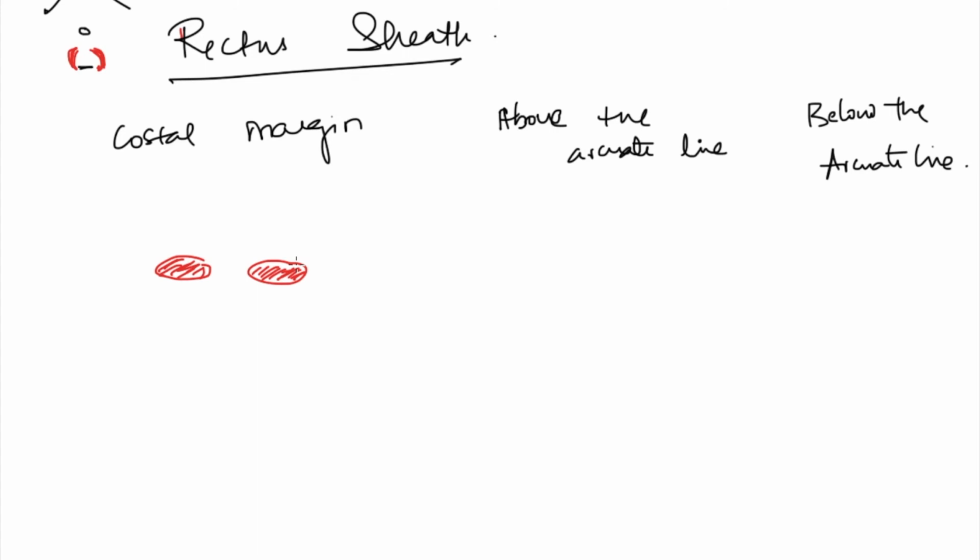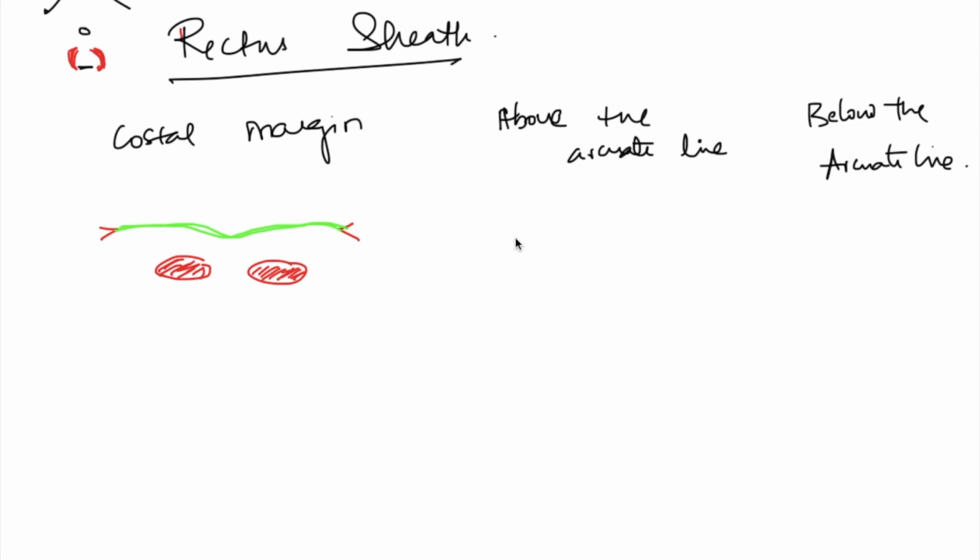So it is not present so high up. So what is there at this level? I'll just write here, you have the external oblique. Only the external oblique is there. So this is the midline. The external oblique muscle is going to form this aponeurosis. So this is what is forming the anterior rectus sheath at the costal margin.